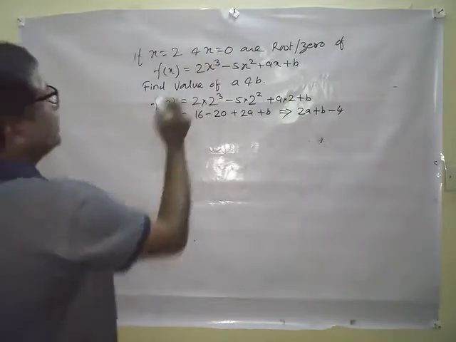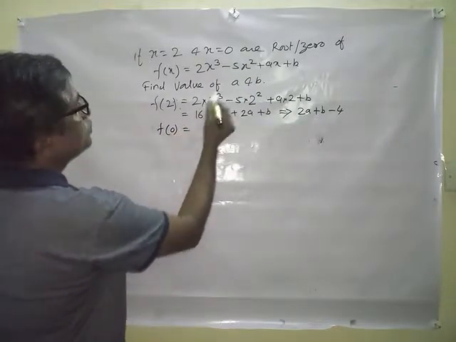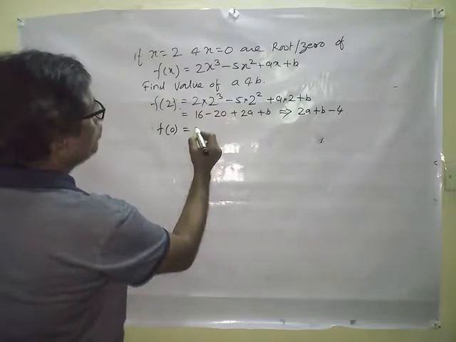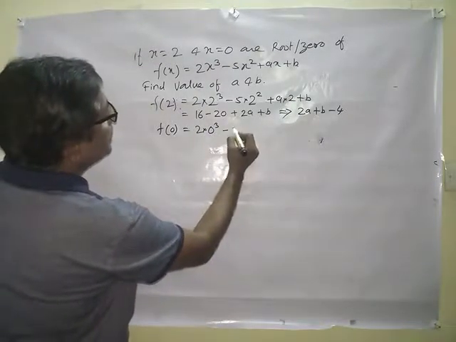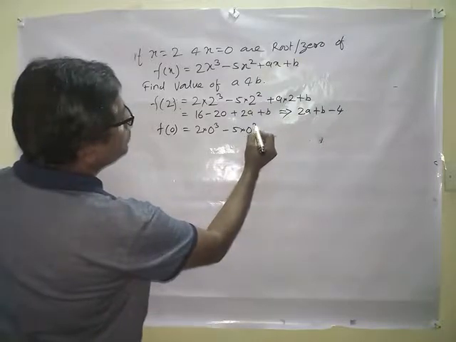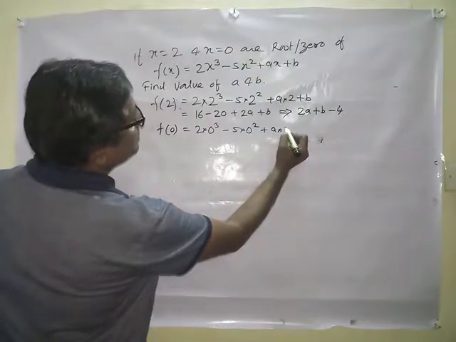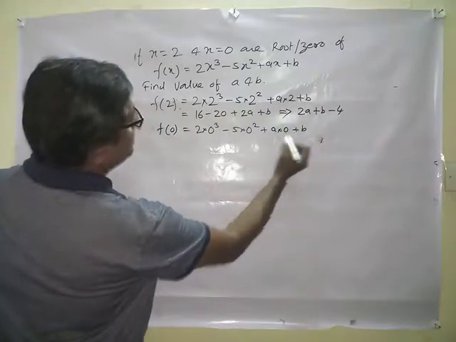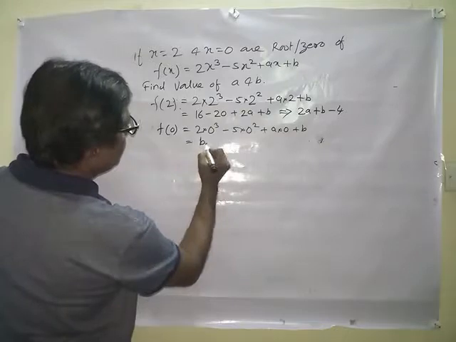Second, find out the value of f(0). So this will be 2 multiplied by 0 cube minus 5 multiplied by 0 square plus a multiplied by 0 plus b. This is 0, so that will become b.